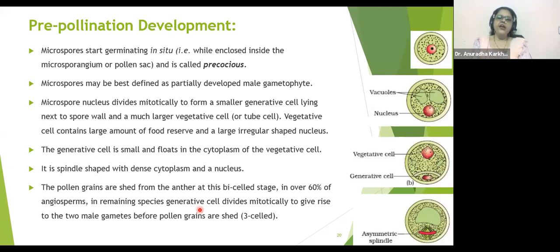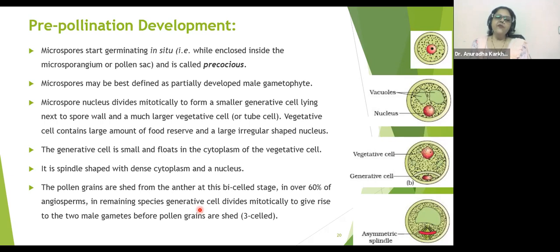Just see, in remaining 40% species, generative cell divides mitotically one more time to give rise to two male gametes. Okay, and when? Before the pollen grains are shed off, before the pollen grains are liberated out of the anther, उसके पहले ही 40% of the angiospermic species में क्या होता है बेटा?